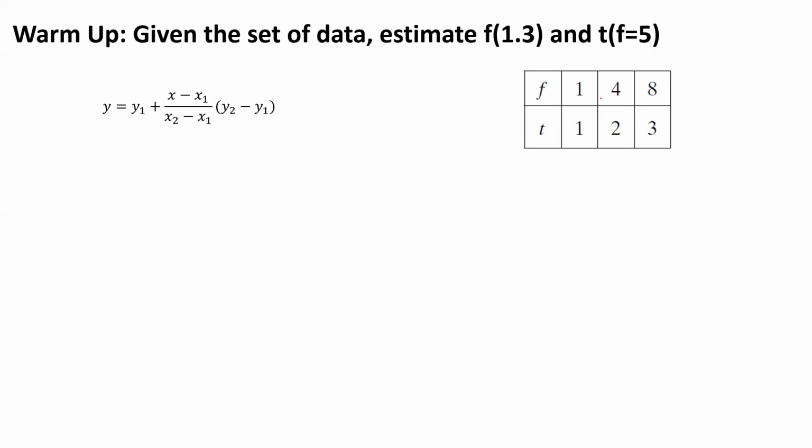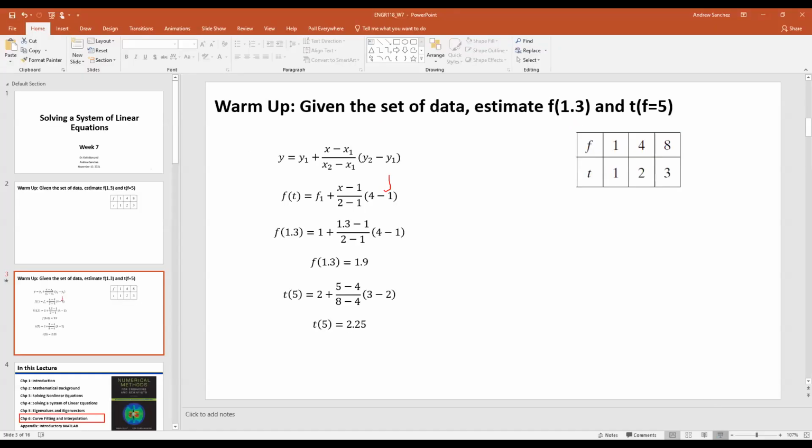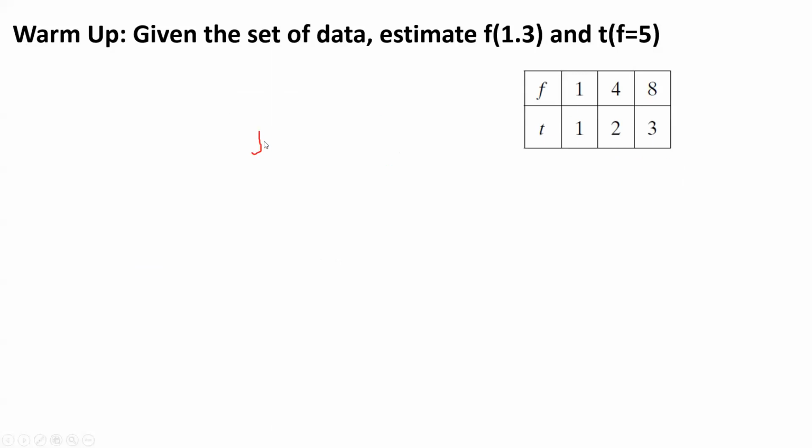So that means, given f and t, what would be a function of what? f is a function of t, right? So the input variable is the independent variable, and f would be the dependent variable.